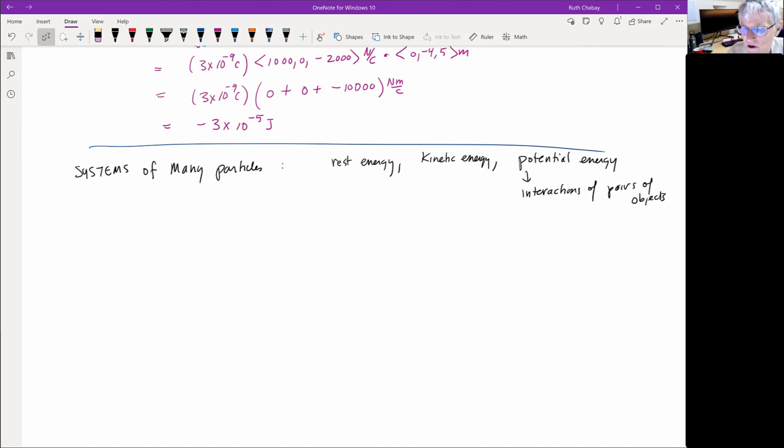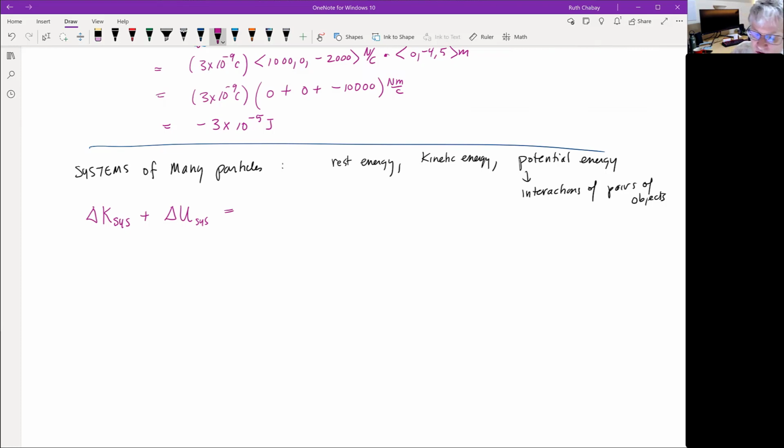And the way this played out was that the energy principle now looked like this: the change of kinetic energy of our system plus the change of potential energy of the system was going to be equal to work done by the surroundings.